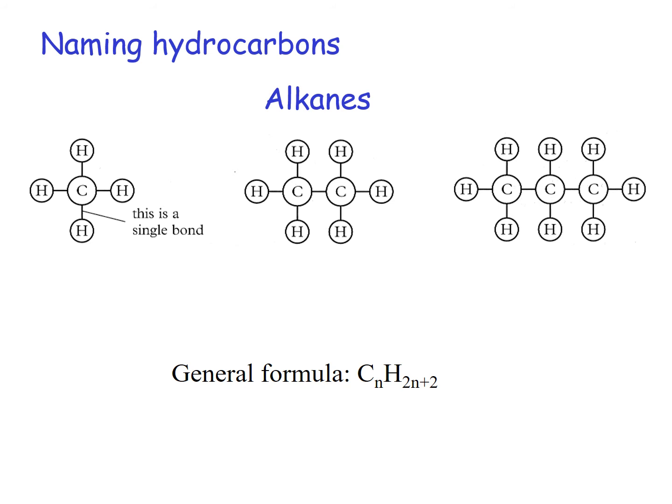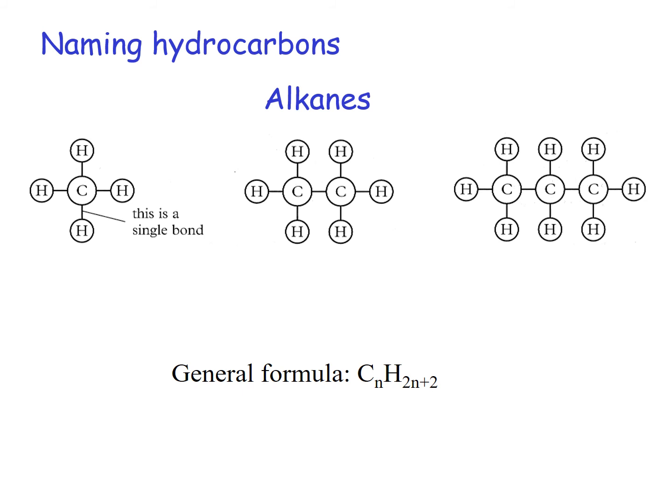Now, we can predict how many hydrogens there will be if we know how many carbons there are on a chain. You might be asked to draw them, in which case these are the first 3 alkanes. We've got methane, ethane for 2 carbons, and propane for 3 carbons.